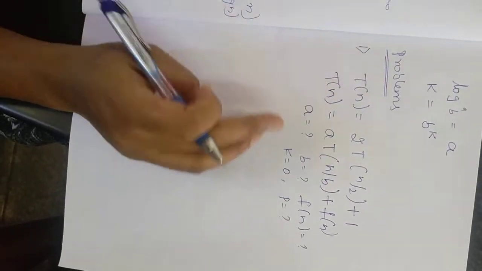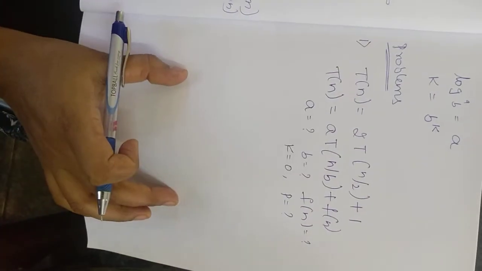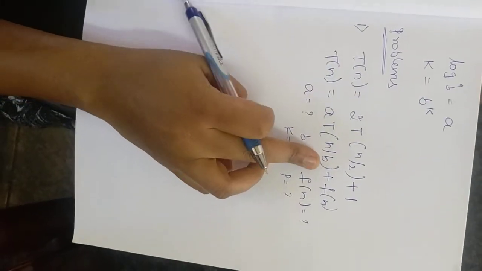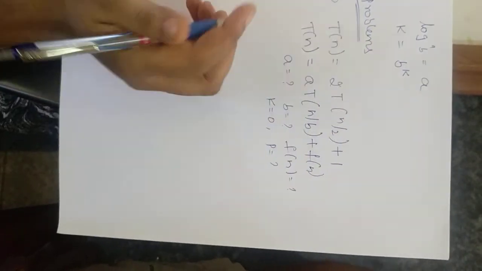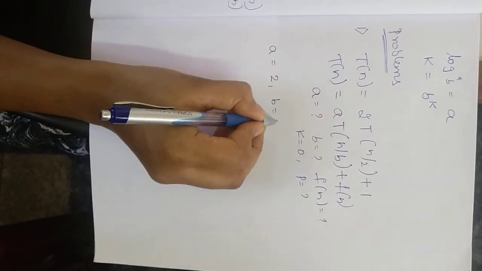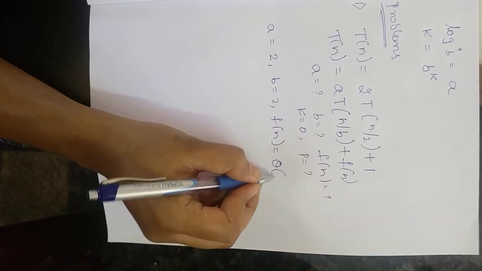Now I think you got the difference between the substitution method and the Master's theorem. In the substitution method, you substitute n by 2 and finally you have to find the general formula. But here you can directly substitute the a value, b value, and f(n) value, and find the time efficiency. That is the difference. Now a is 2, b is equal to 2, f(n) is equal to theta of 1.